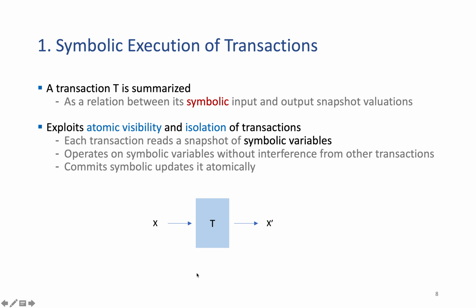Since isolation says a transaction runs without any interference from the execution of other transactions, we don't need to consider any intermediate values from others. And we can just start with an input snapshot and run this transaction on this symbolic input snapshot and produce an output snapshot. And also we produce the effects, we make available the effects of the transaction from X to X prime atomically.